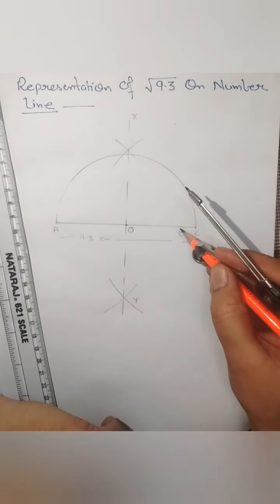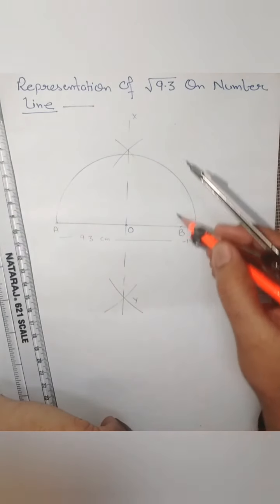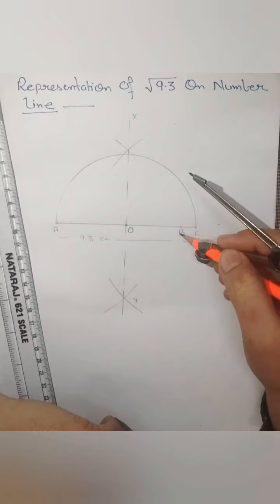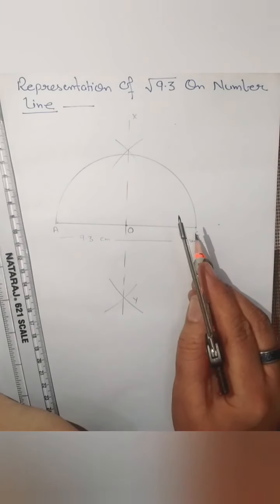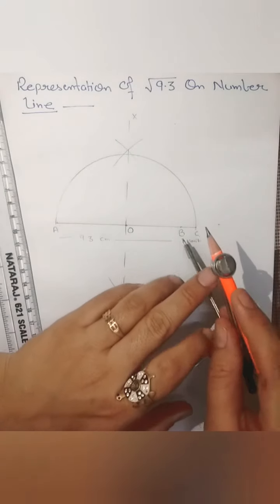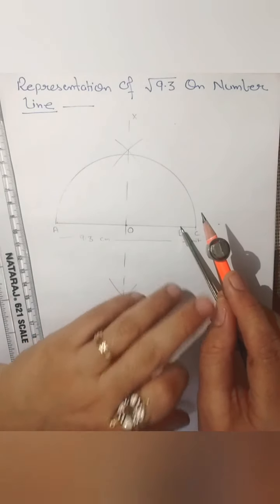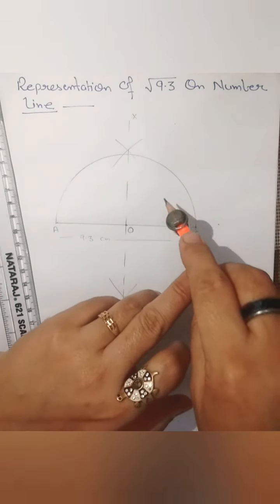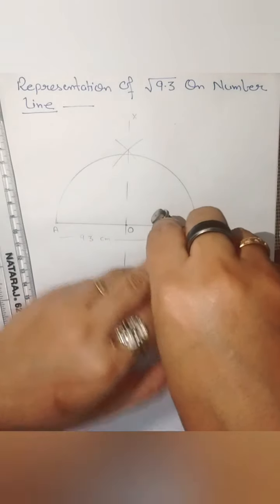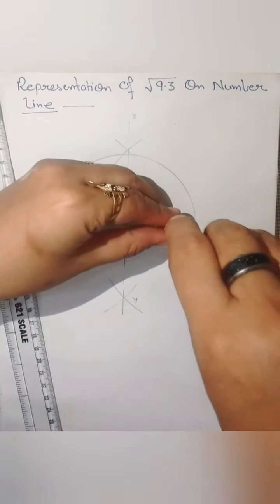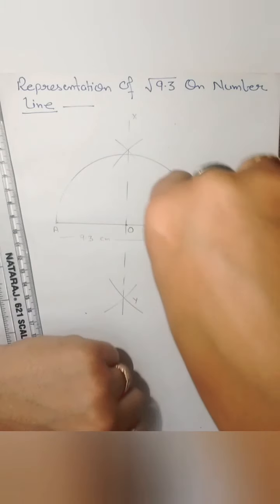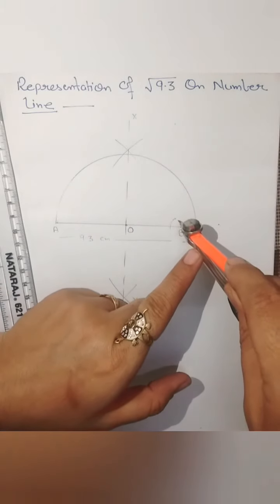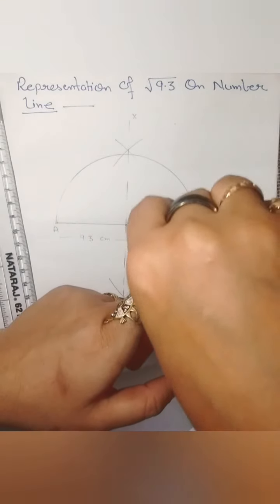Again, at point B, draw a perpendicular to AC. Now you can draw a perpendicular with the help of a protractor or compass. We are drawing the perpendicular with the help of compass.